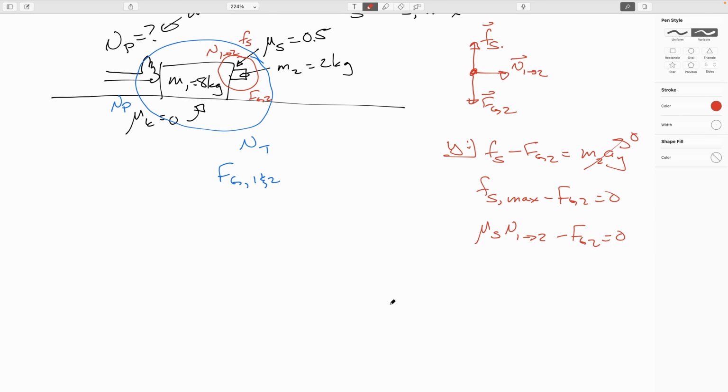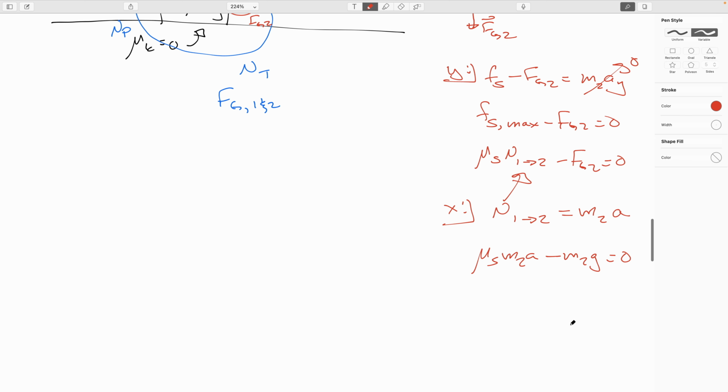Now in the land of X, the normal force of 1 on 2 is the only force acting, and that's equal to M2A. So I can take that, put that in there. So I'll have that mu static M2A minus, and I can put in that Fg2 is M2G, equals 0. Now, although I don't know the acceleration, I'll be able to plug that into the blue system.